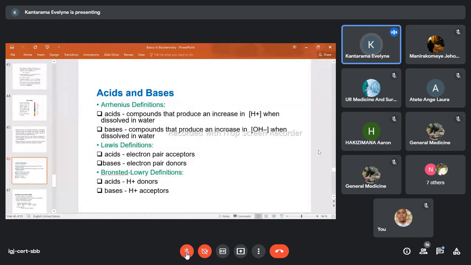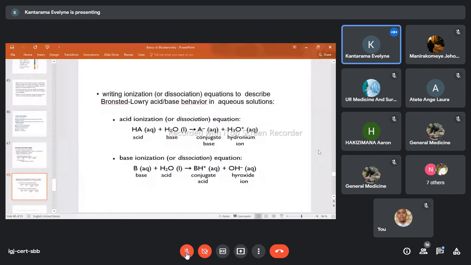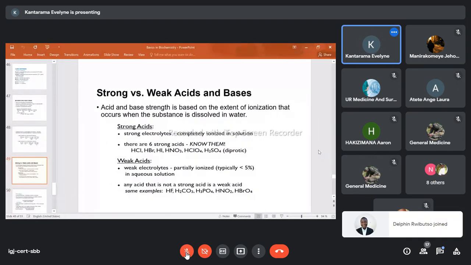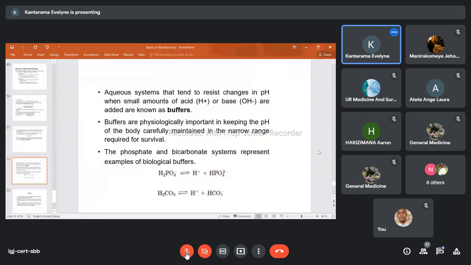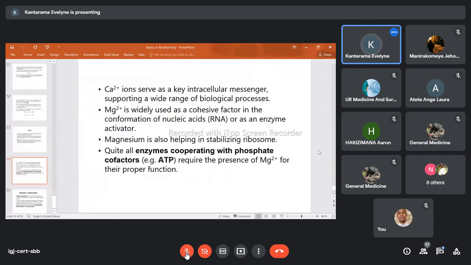About acids and bases, this is a recall I want you to read on your own. Strong and weak, whatever. I want you to read about all this.